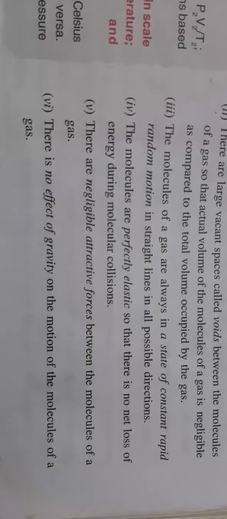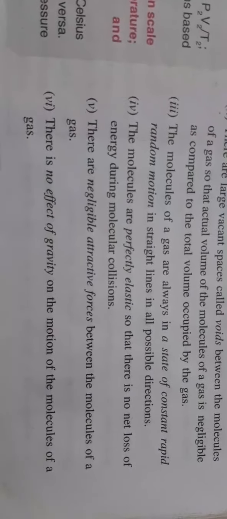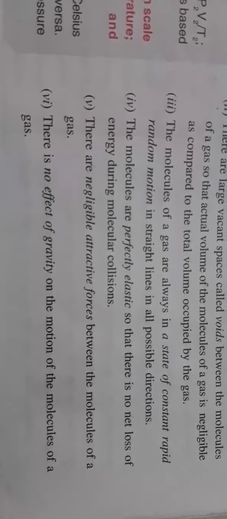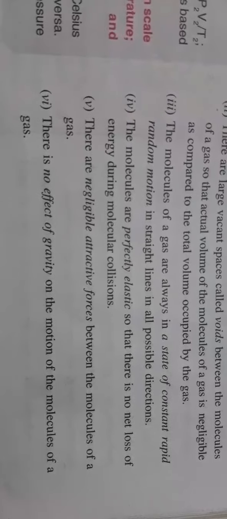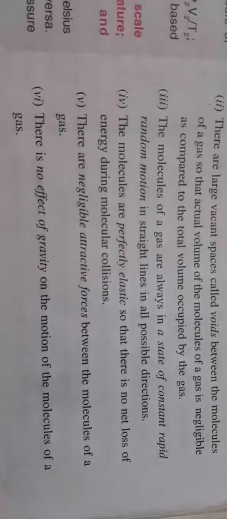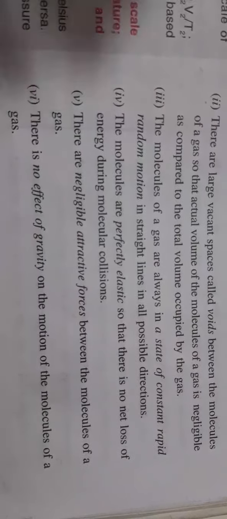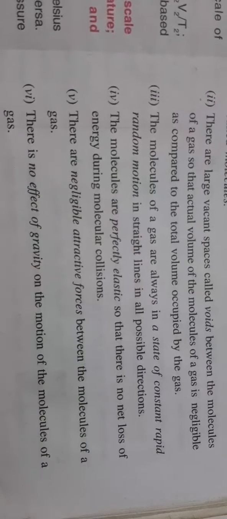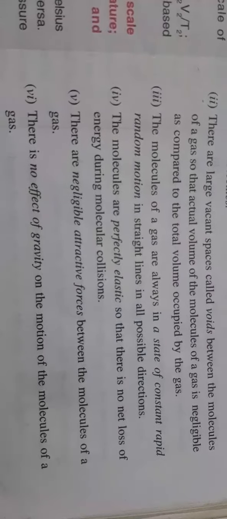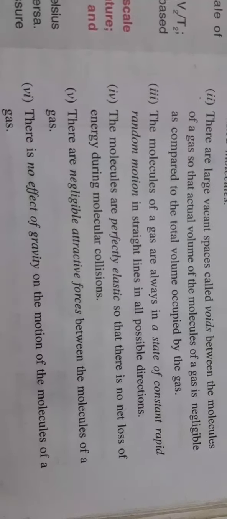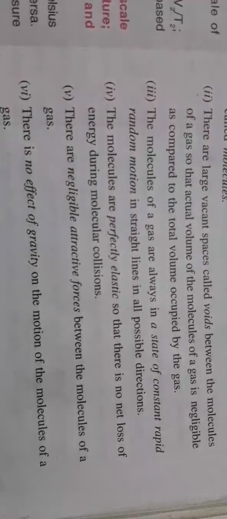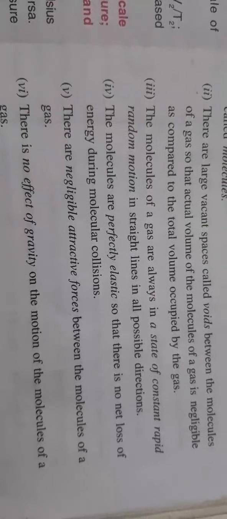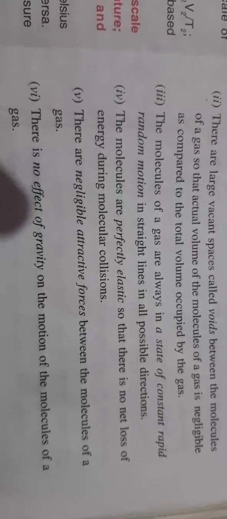When these molecules are moving from one side to another, they strike the neighbor molecules and the wall also, but they are elastic in nature. After striking, they don't stick there, they rebound back. They are perfectly elastic, and when they are not sticking somewhere, the energy is not lost. So the total energy of the gas molecules in that container remains constant.